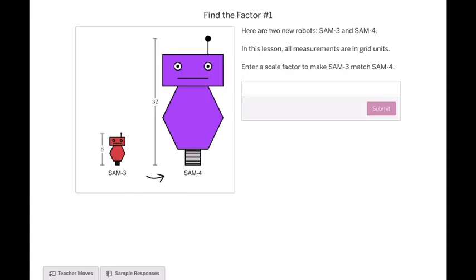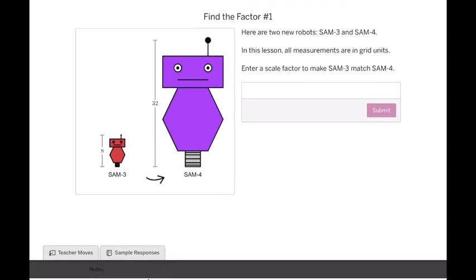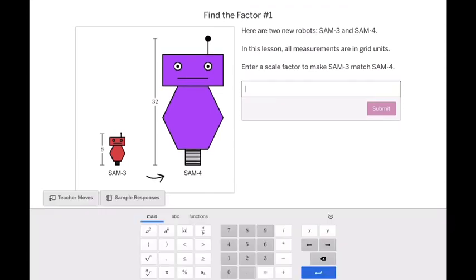Same two robots, and now we're trying to make them match. So here we go from 8 to 32. So SAM3 to SAM4 goes from 8 to 32. So how can I make it go from 8 to 32? Well, I know that 8 times 4 would be 32.